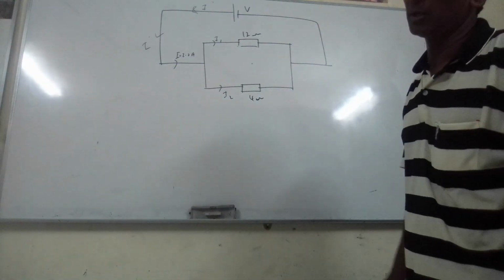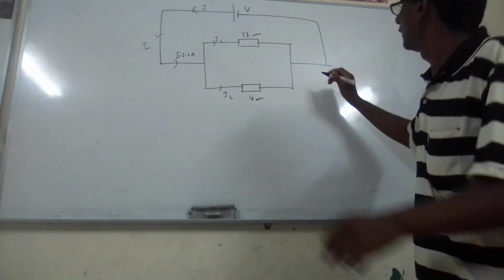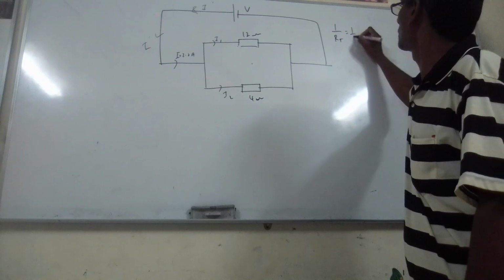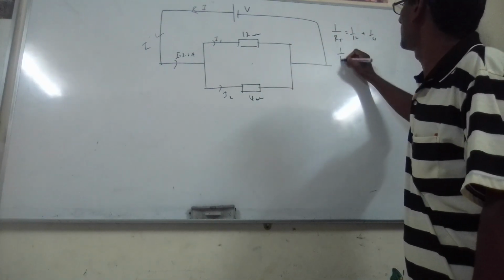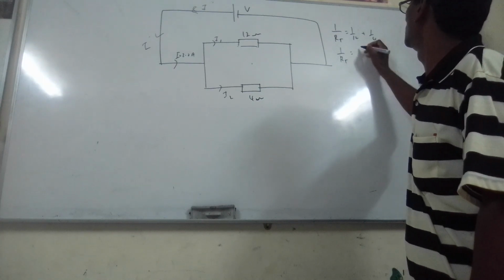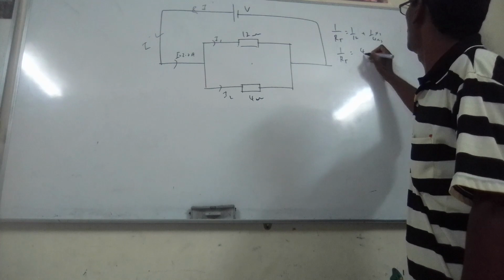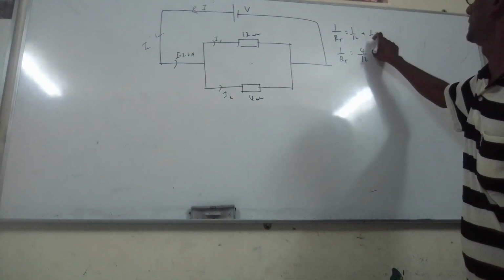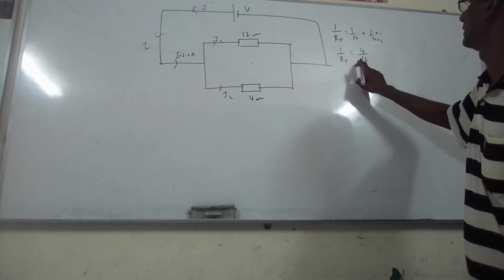For the long way, you have to find the total resistance first. 1 over RT equals 1 over 12 plus 1 over 4, since this is parallel resistance. So 1 over RT equals (1 plus 3) over 12, which is 4 over 12.